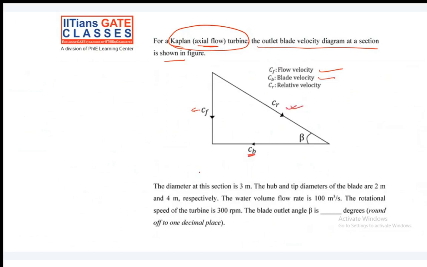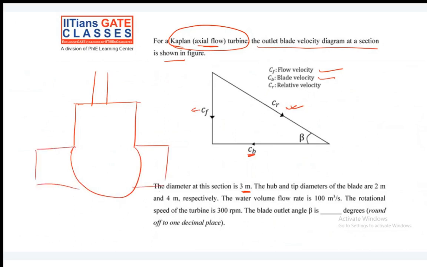Then it says that the diameter at this section is 3 meter. It means that it is drawn at which diameter? We have seen that there was a hub, and on this hub we have blades.